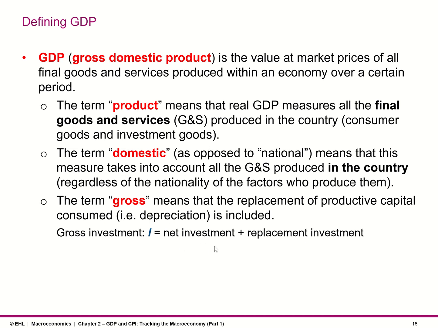So it's actually a net investment because we are adding new production capacities in the economy. On the other hand, if EHL was just repairing or replacing already existing facilities, it would be accounted under replacement investment. And the term gross means that we take both into account, net investment and replacement investment. But this is not so important.